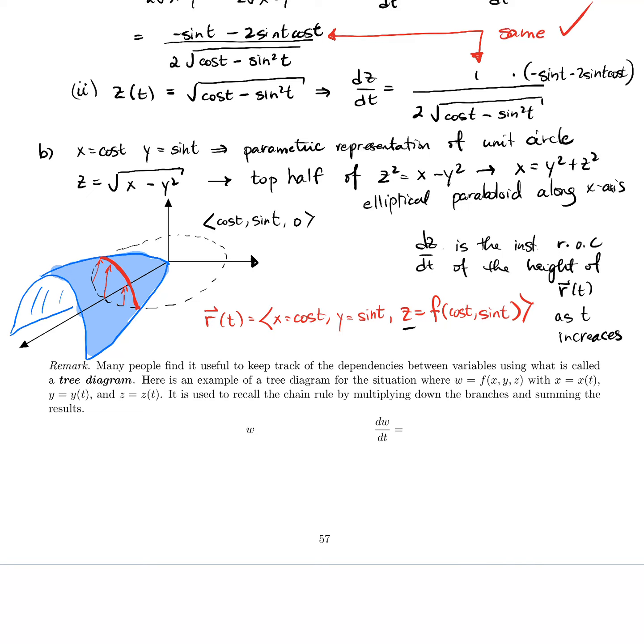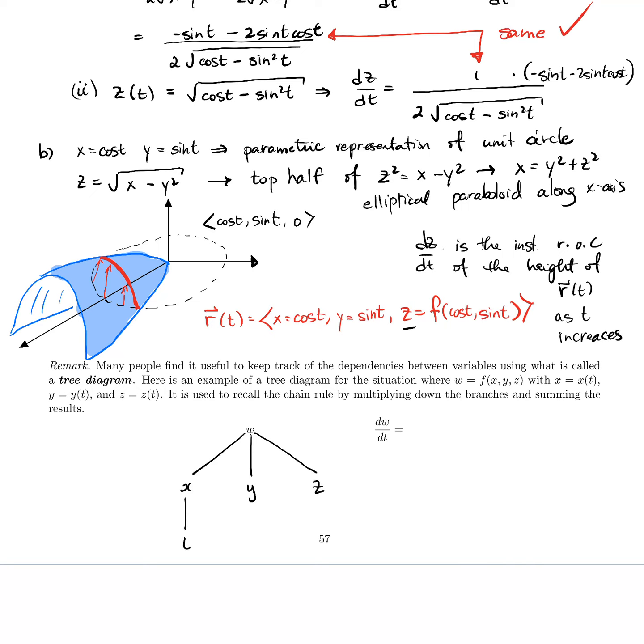So we're going to build a tree diagram for a function w of three variables, f of x, y, and z, where each of those variables is actually a function of t. So in a tree diagram, we write down the dependencies. So we make a branch or a line from w to each of what are called the intermediary variables, so the x, y, and z.